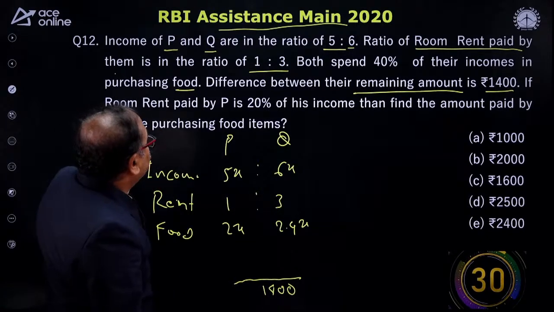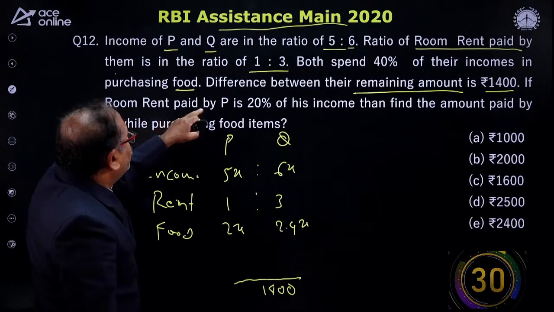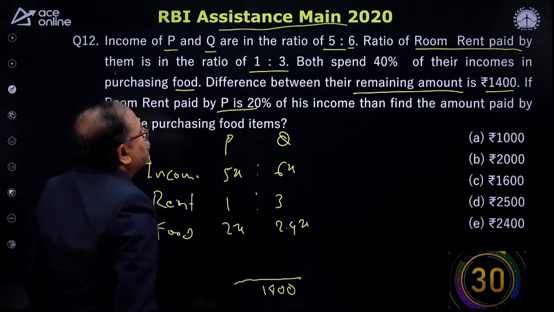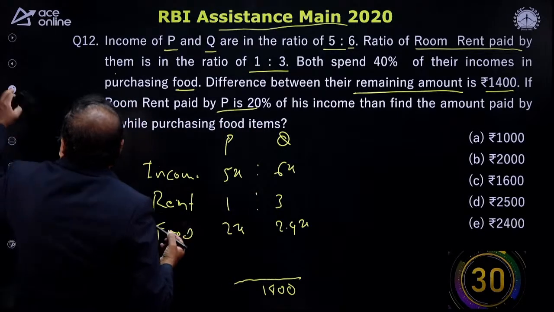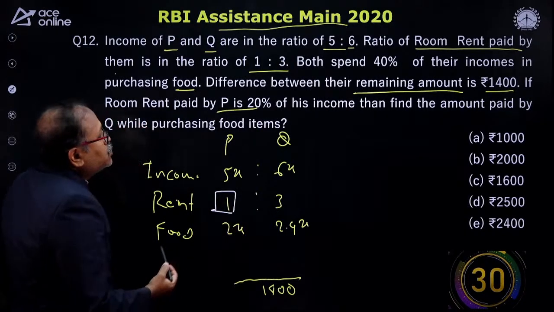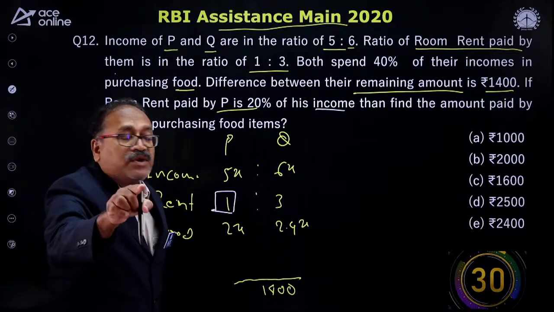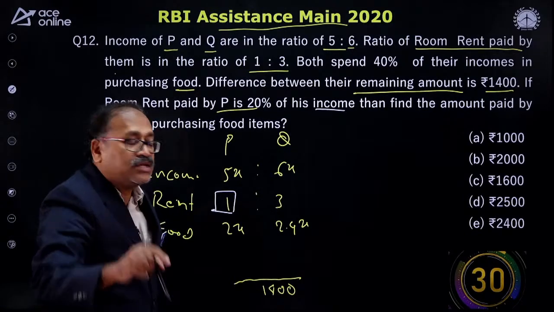Now the question is, if the room rent paid by P is 20% of his income, what is the income? Income is 5x. So what is 20% of 5x? That is x.